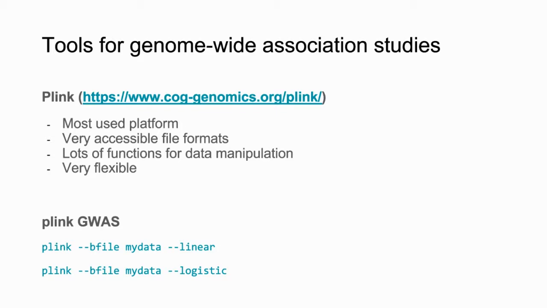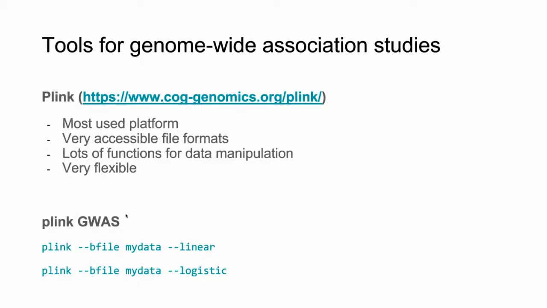You can modify yourself. So it provides a lot of flexibility. If you're going to do GWAS, even if this is not going to be your main software, you're probably going to be using it just to process data. So it's very good that you take a look at the manual.